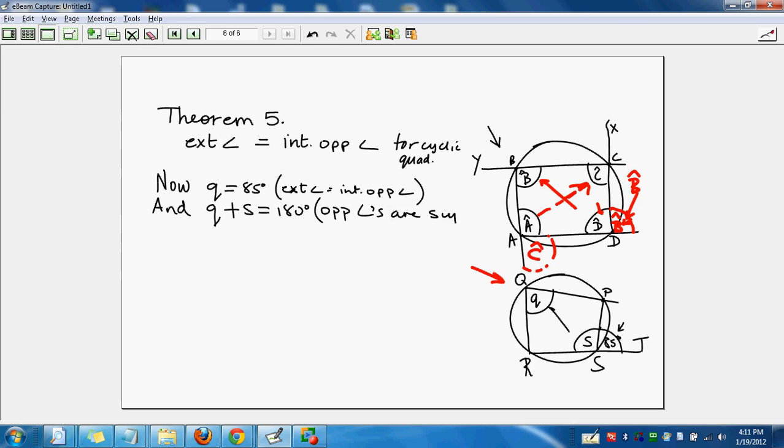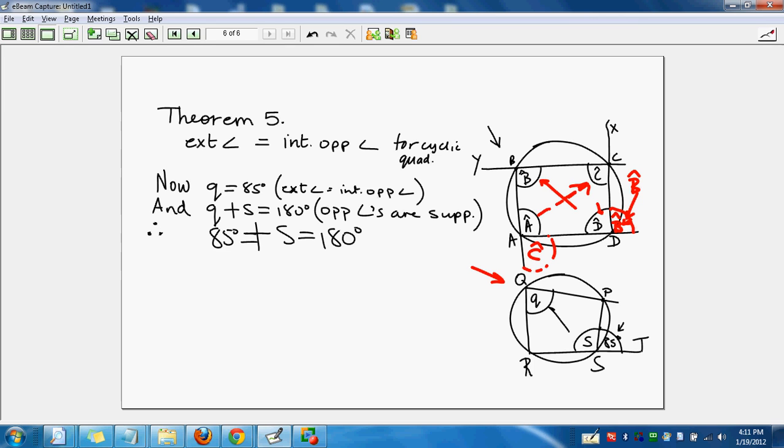Right? And we know they're supplementary because they're in a cyclic quadrilateral. Therefore, seeing that we know that angle Q was 85 degrees, so 85 degrees plus angle S must be equal to 180 degrees. Okay?